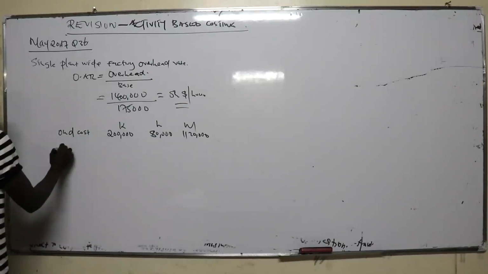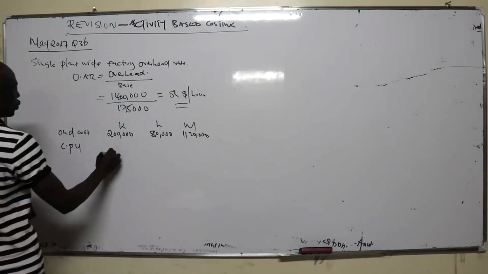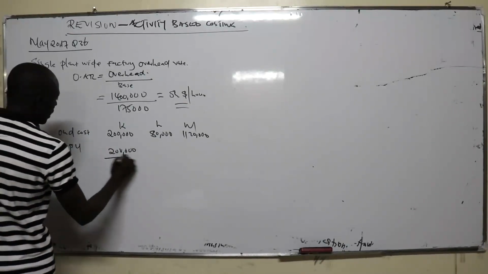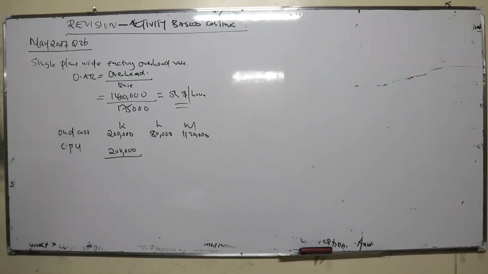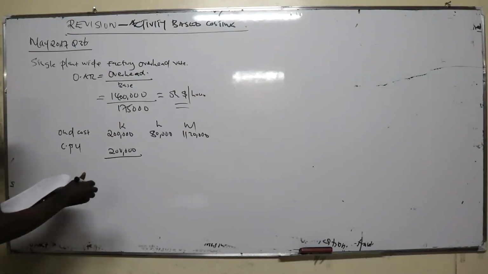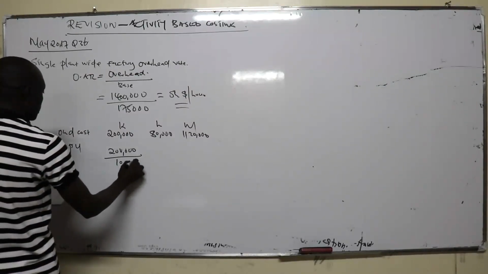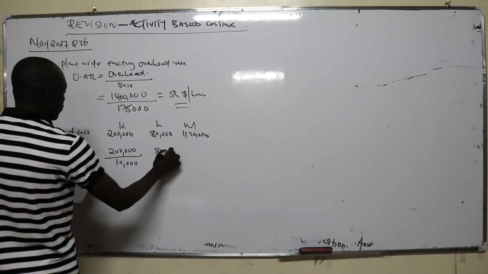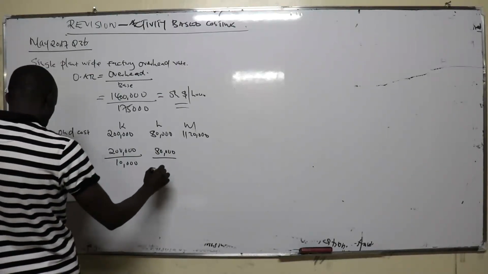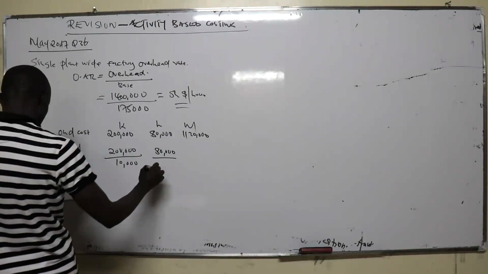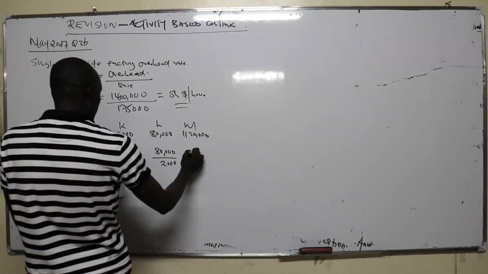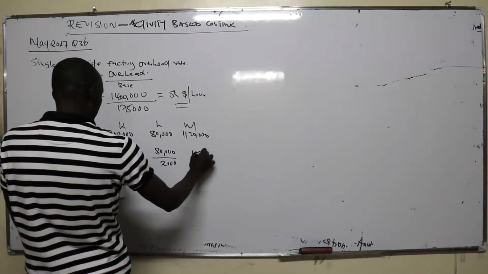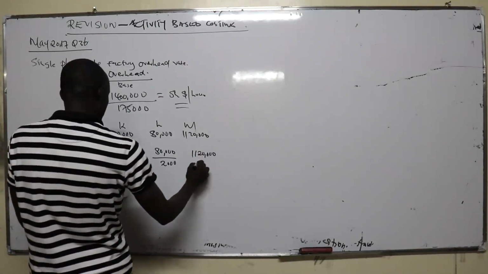Now the overhead cost per unit. This one is 200,000. You divide by the number of units. For K, it is 10,000 units, so you divide by 10,000 units. This one you divide by 2,000 units, and here you divide by 50,000 units.